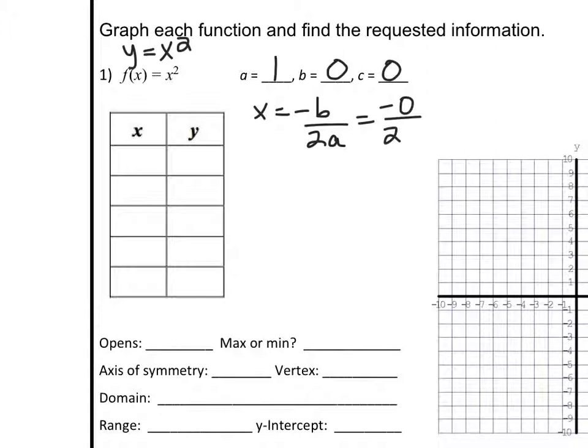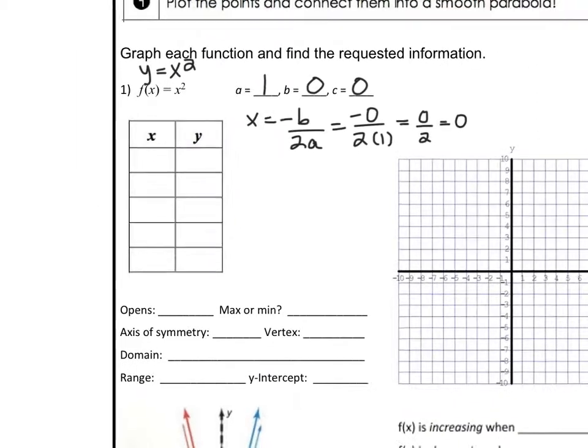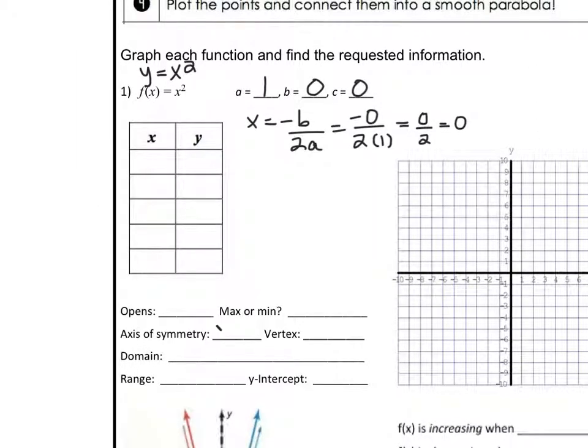What's a? 1. So you're doing 0 divided by 2. What's 0 divided by anything? 0. If your b value is 0, then your axis of symmetry is going to be 0. So the equation for that line is x equals 0.